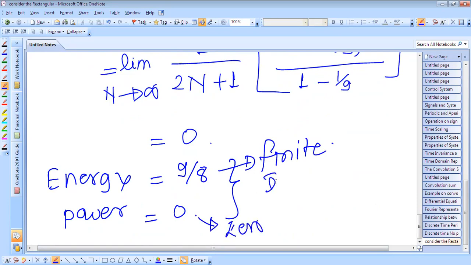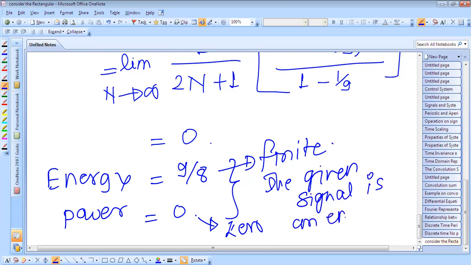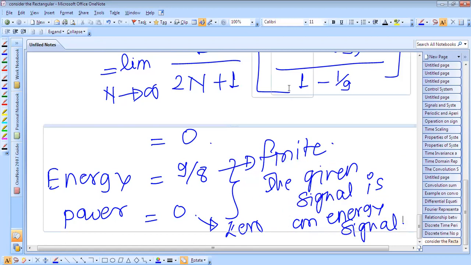So the given signal is an energy signal. Okay, so in this way we can find whether the given signal is an energy signal or not.